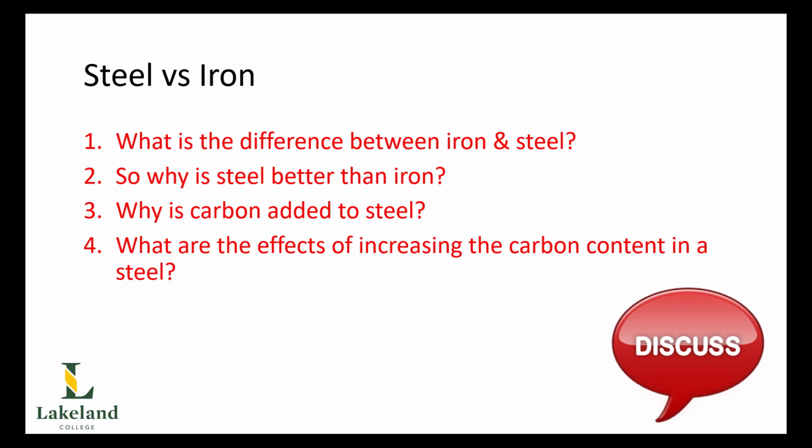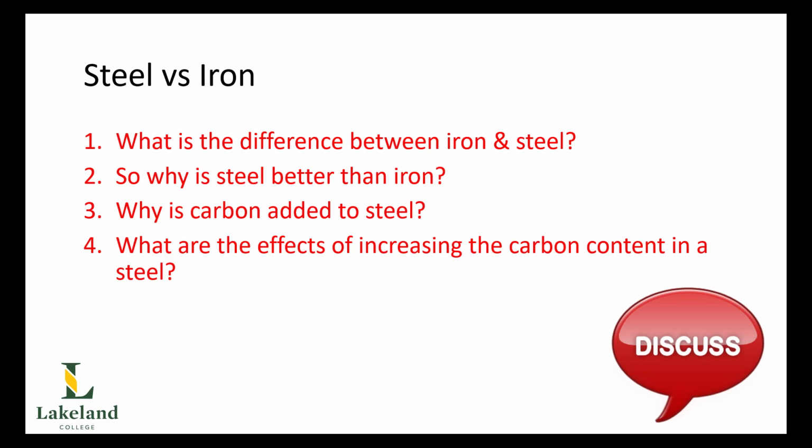Now, what are the effects of increasing that carbon content in an undesirable way? Well, if we increase the carbon content, increasing in hardness and strength, unfortunately, we also have an increase in brittleness. So the harder it is, the more brittle it will be. And also, the more weak it will become in tensile loading because of the higher carbon content.